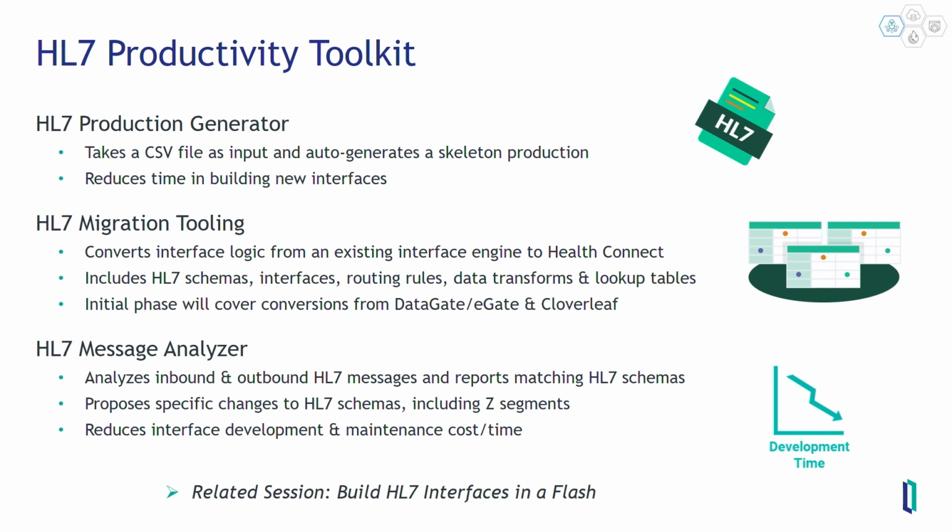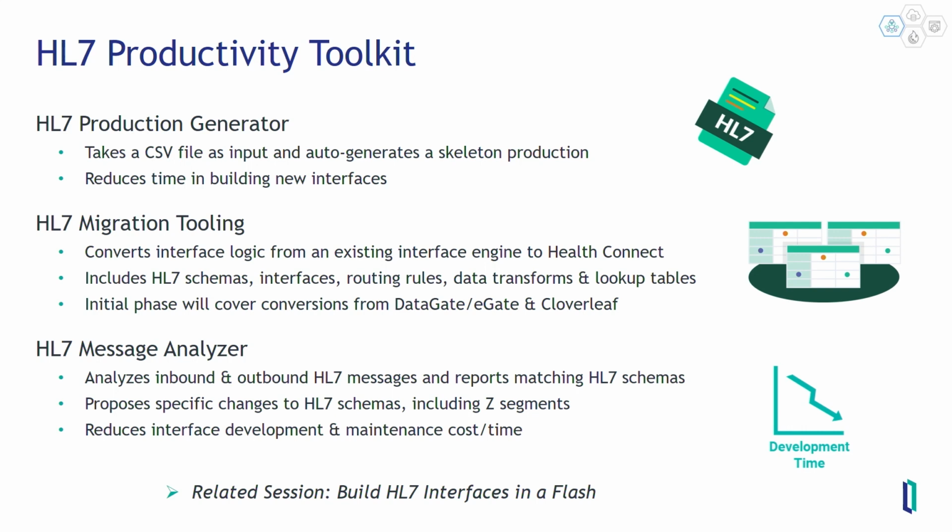So you're able to convert interface logic found in an existing interface engine like Cloverleaf, and it turns it into corresponding components in Health Connect. The initial phase of this feature will cover conversions from Cloverleaf and also Datagate or eGate. As we move forward, we'll add support for other legacy interface engines. So there's a lot of activity there right now.